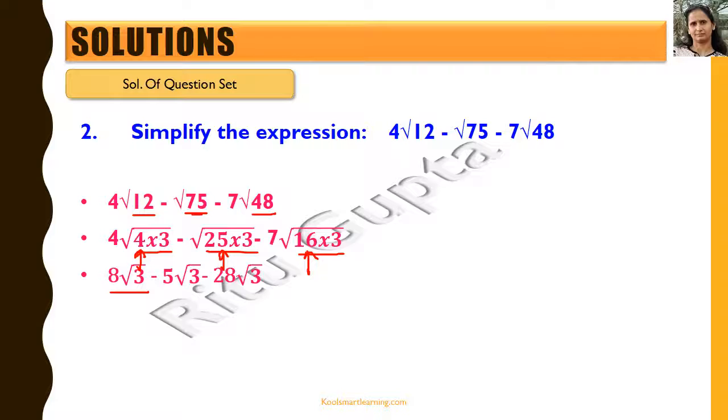So we get 8 root 3 minus 5 root 3 minus, again 7 is already there, we multiply it with 4, which is 28 root 3. So we get 8 root 3 minus 5 root 3 minus 28 root 3. Now since all of them are being multiplied with root 3, it is simple to evaluate this. So it becomes minus 25 root 3.